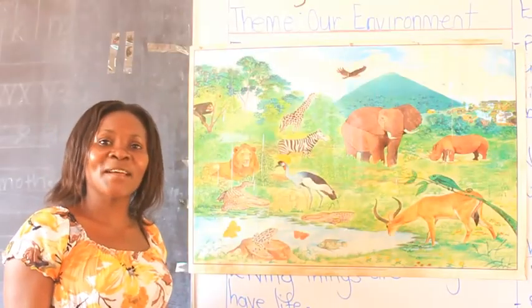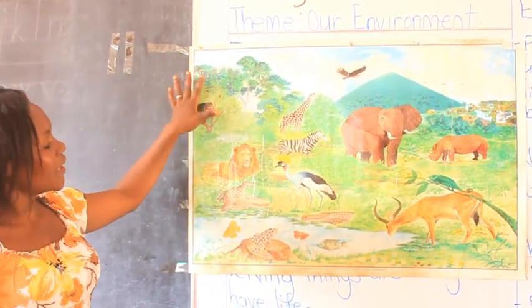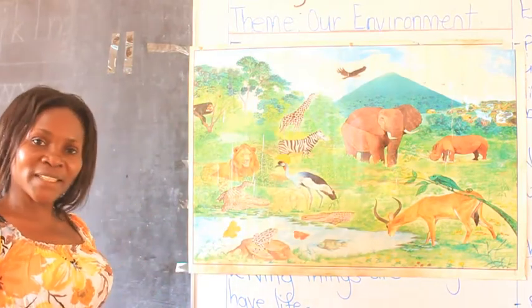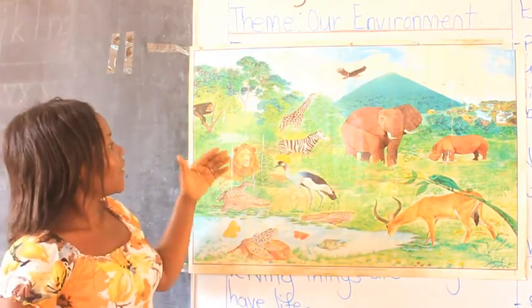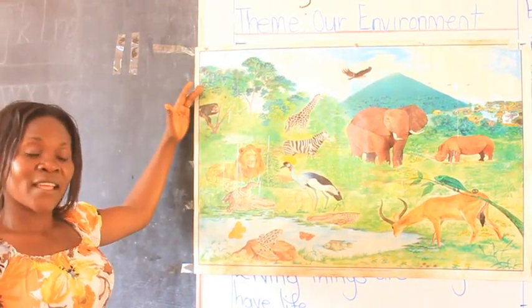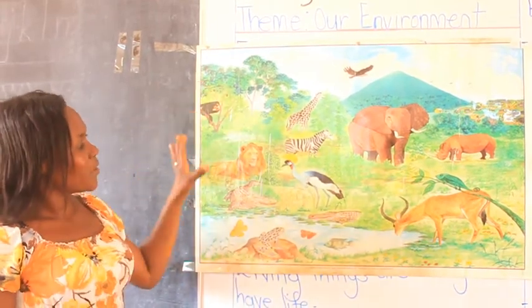Now learners, let's look at this chart. It has a lot of things that we find in our environment. I hope you can see, just like we defined the environment, that these are things around us, within our reach.